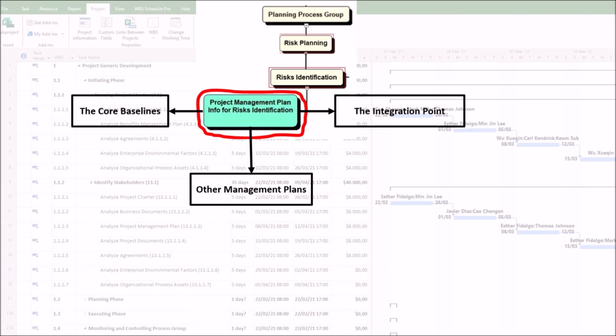The Integration Point. Regarding the project management plan itself, the integration of all these plans itself reveals risks. For example, a highly aggressive schedule obtained from the schedule baseline, combined with a fixed budget, obtained from the cost baseline, and a complex scope is, in itself, a major risk factor.